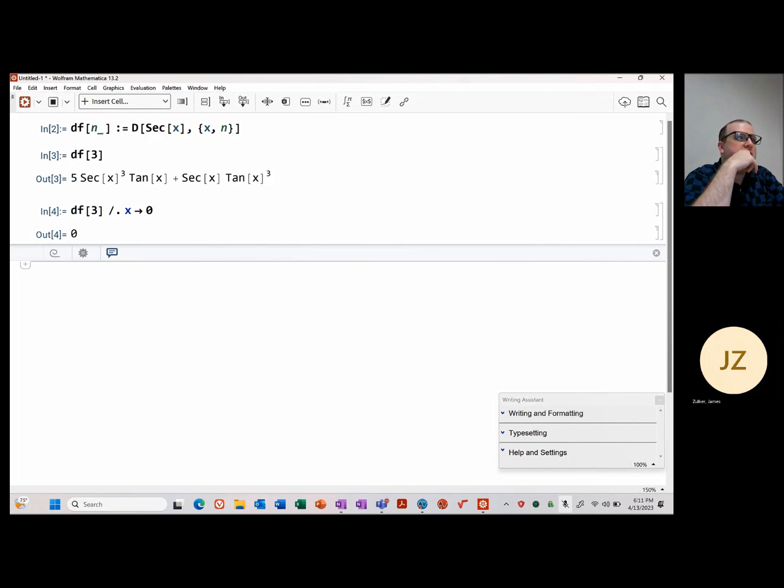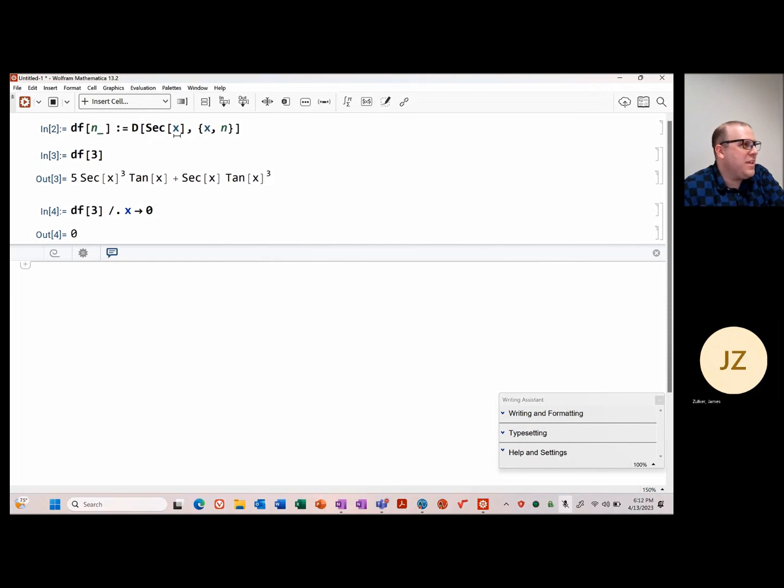Right, now here's why you can't define it in your calculator. Because if I were to try and define a two-variable function, xn, like I did in the calculator, and then I just put in 0 for x, it's going to first say secant of 0 and then try and find the derivative of that, which is always 0, because secant of 0 is a constant. And you can't make one function and assign it to plugging 0 into the other function.